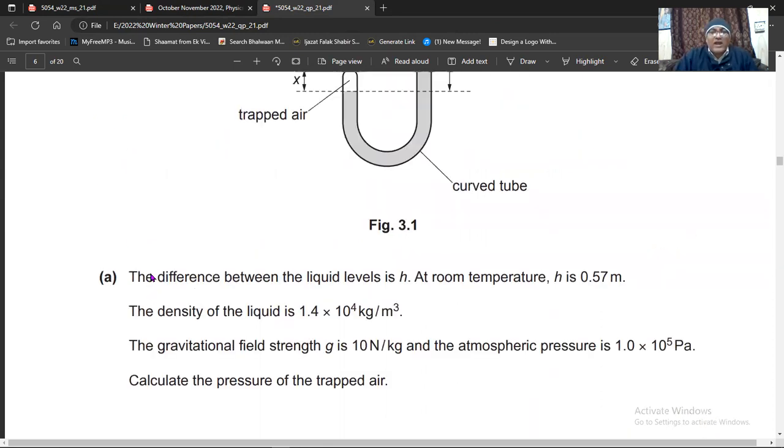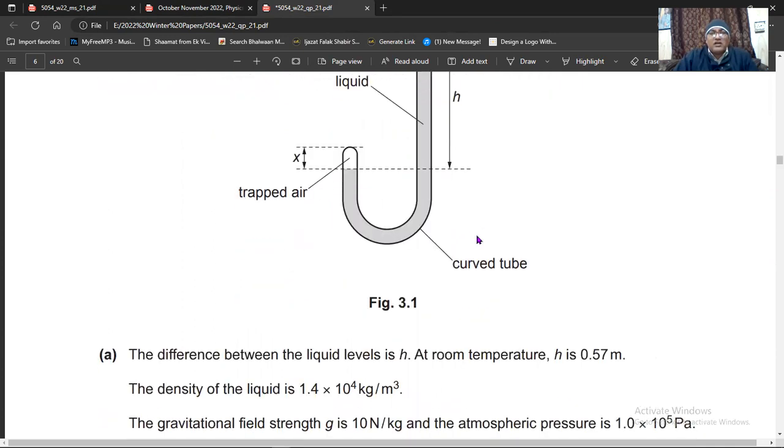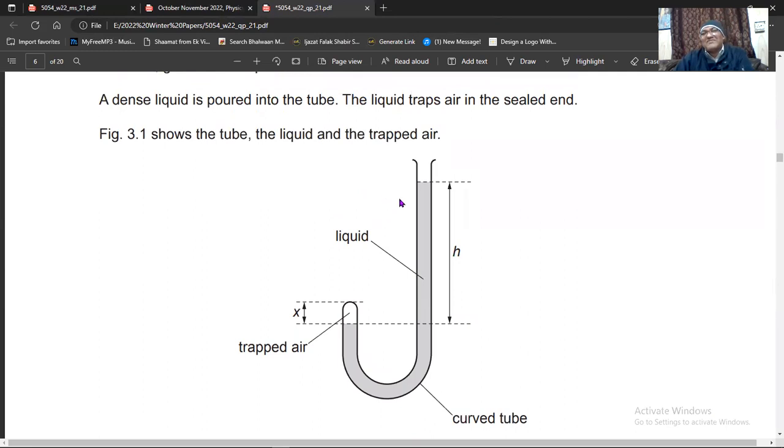So the pressure of the trapped air, I can tell you from here. The pressure of this trapped air is H meter more than the atmospheric pressure, because of the level of this liquid. I'm saying mercury, he has not said it's mercury, but normally it's mercury.